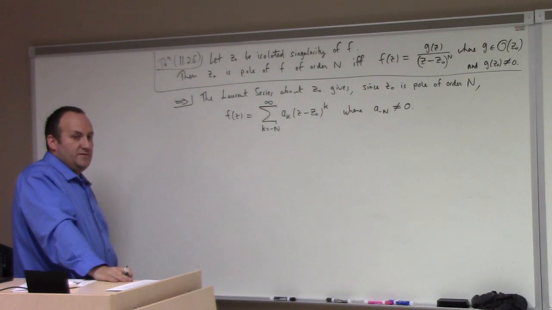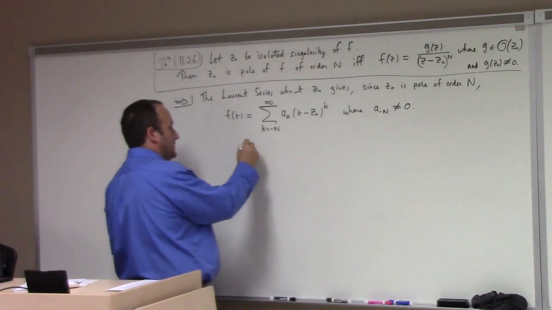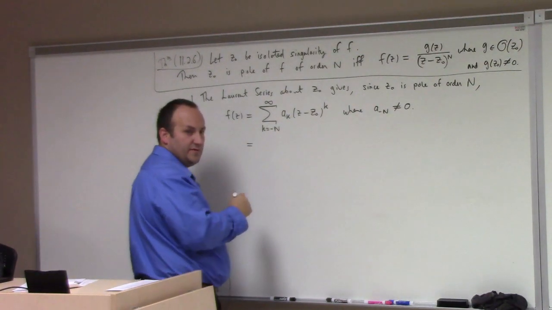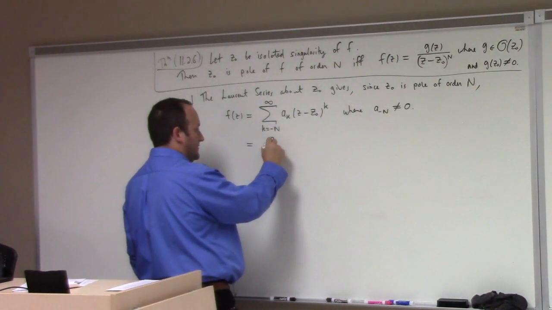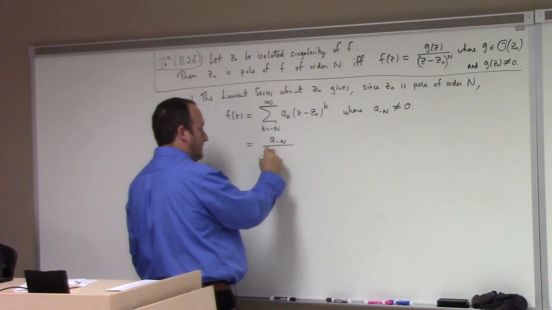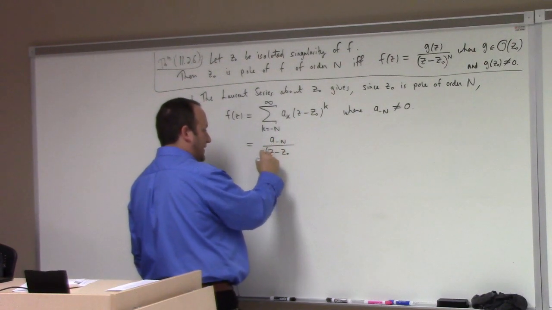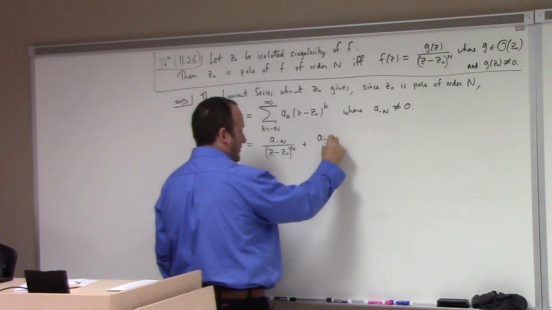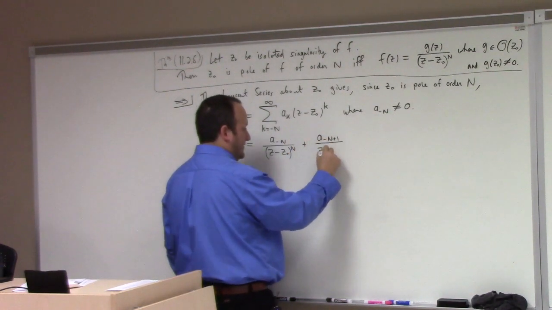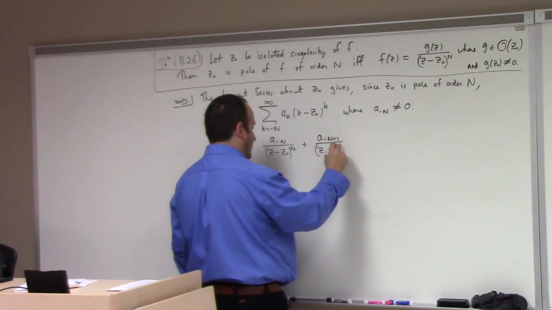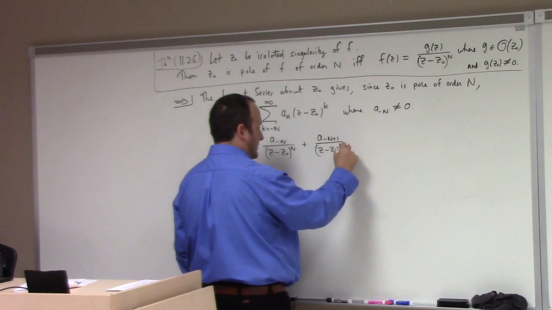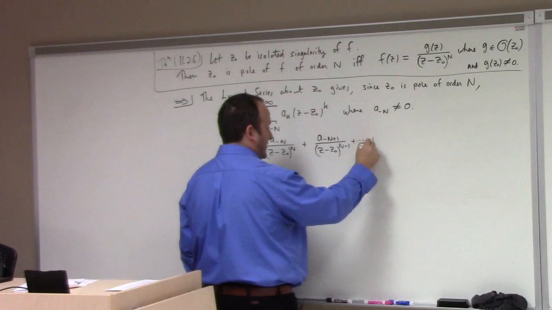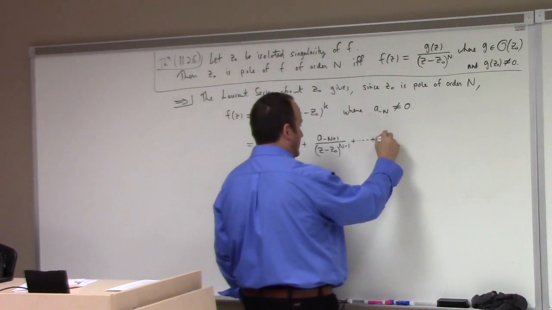So all you have to do is think about what this looks like. And I'll forego the summation notation for just a bit so everybody follows me better. We have a sub minus n over (z minus z naught) to the n, plus a sub minus n plus 1 over (z minus z naught) to the n minus 1, dot, dot, dot.